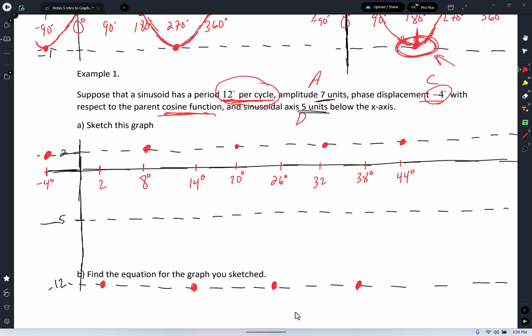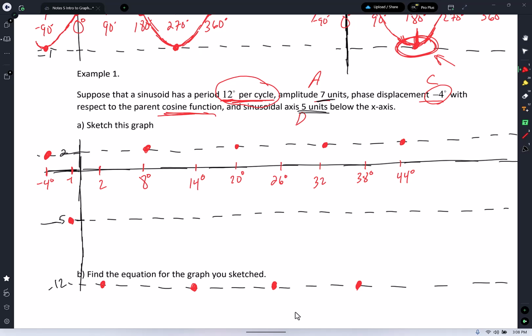Don't connect them yet. Now from your max to the midline is a quarter of a cycle. So what is half of 6? 3. So from -4, if I go 3, I'm at -1 right there, and I'm going to put a point at the midline. Do you guys see what I did?